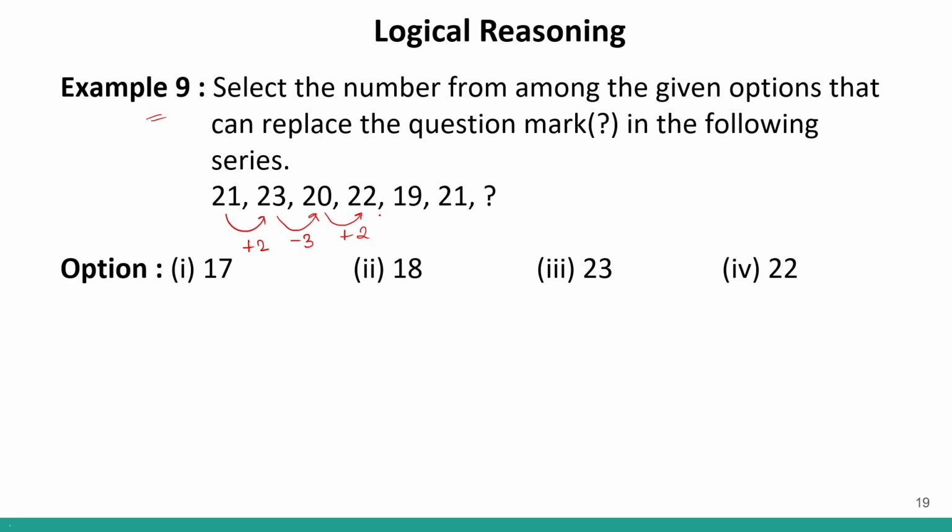Similarly, from 22 to 19, I can see there's a deduction of minus 3. From 19 to 21, there is a jump of plus 2. So I can see the logic: plus 2, minus 3, plus 2, minus 3, plus 2. So the next will be minus 3. And if I deduct 3 from 21, I'll get 18 as the answer. So 18 is given in option number 2. So option number 2 will be your correct answer to this question.